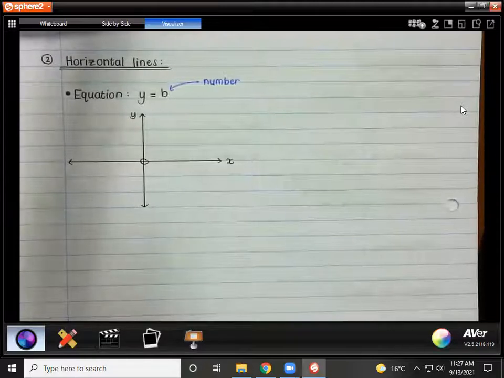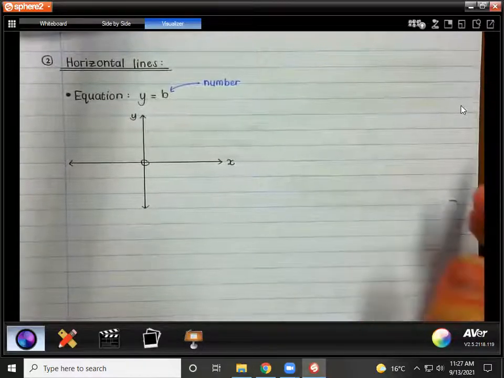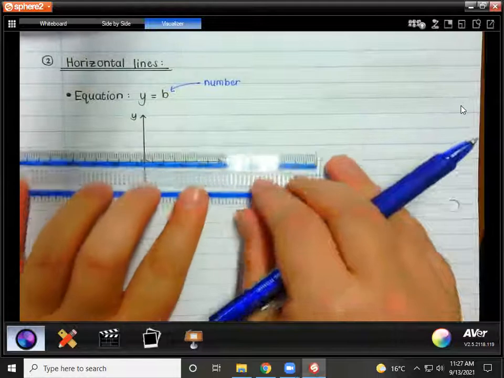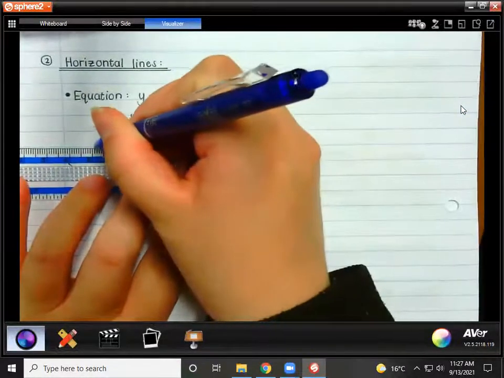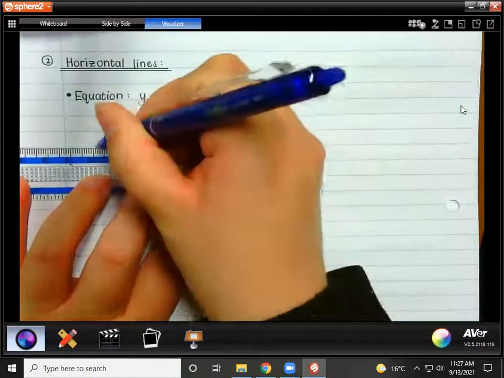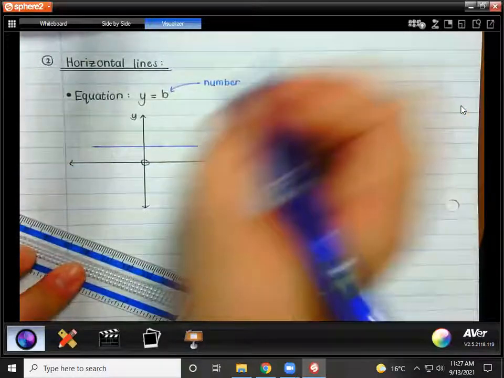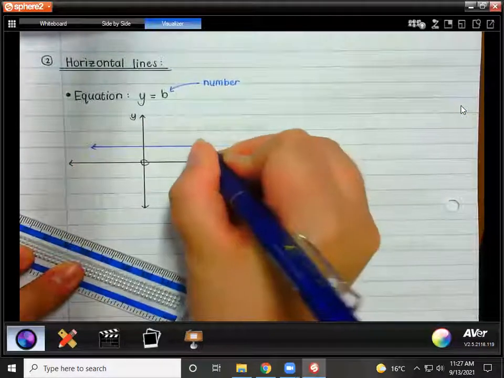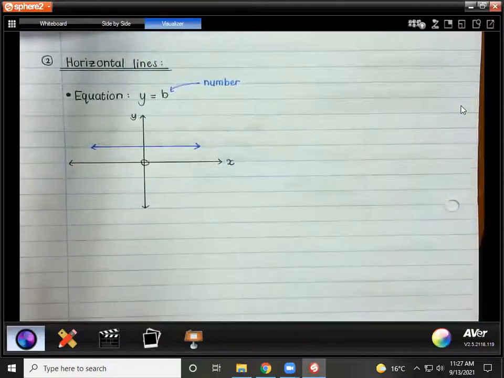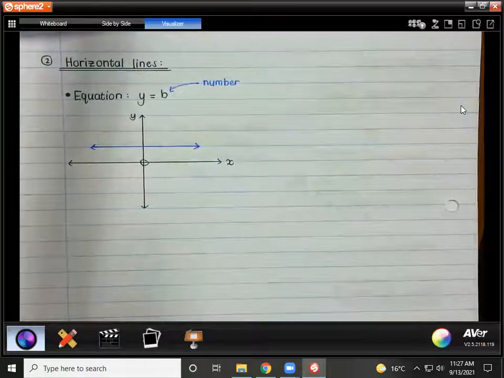Now let's draw it on our first line or our first block. It depends on the type of book you have. We're going to draw a line in like that. You can just make it a bit shorter than your axis. I'm doing it in a different color as well.